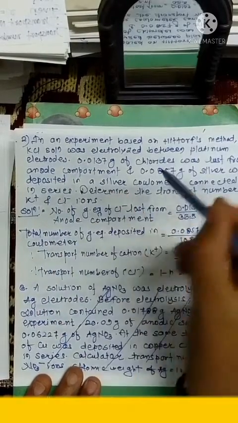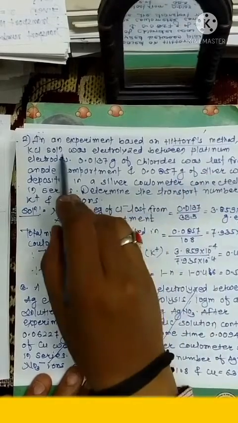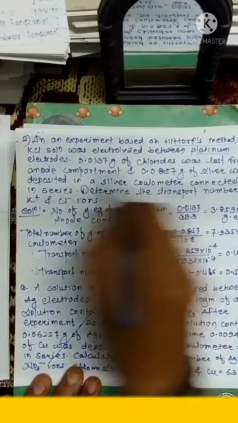In an experiment based on Hittorf's method, it is important, KCl solution was electrolyzed between platinum electrodes.